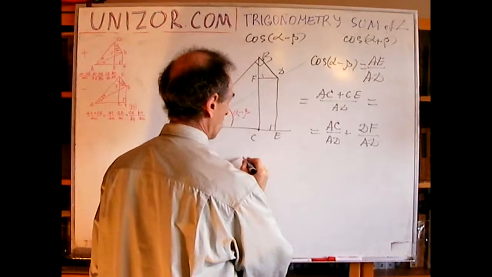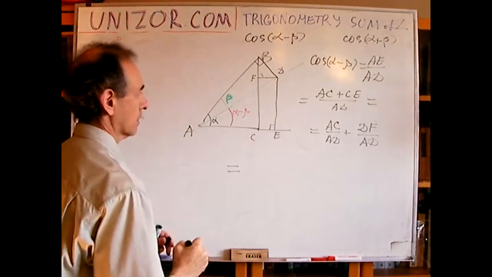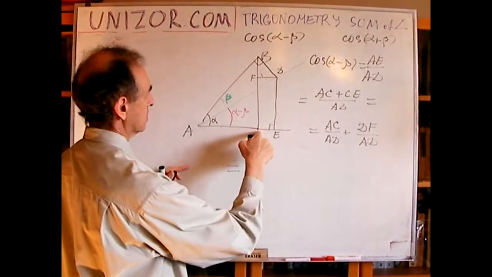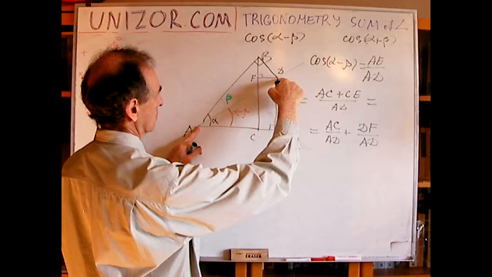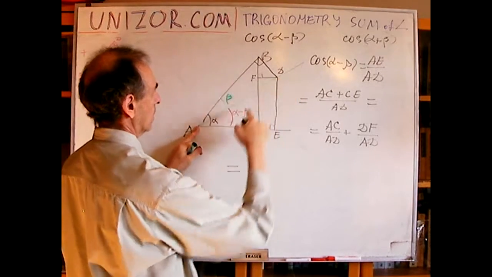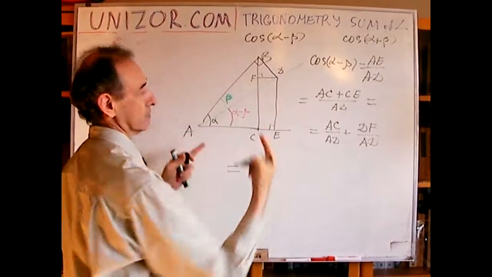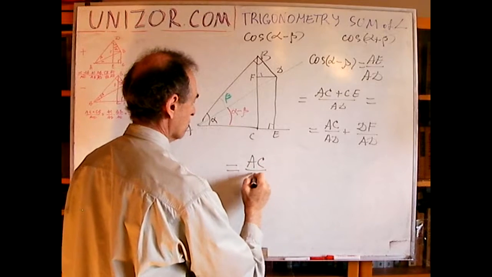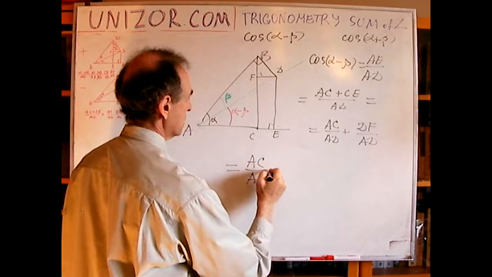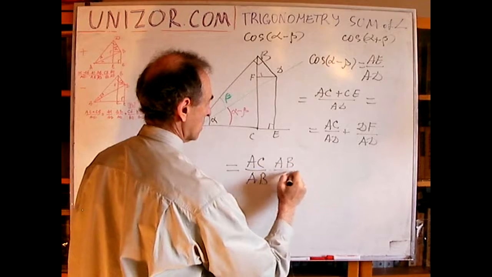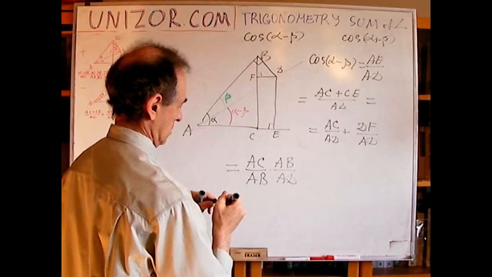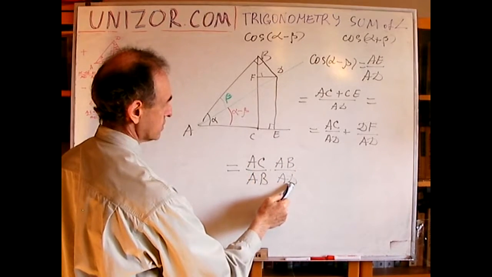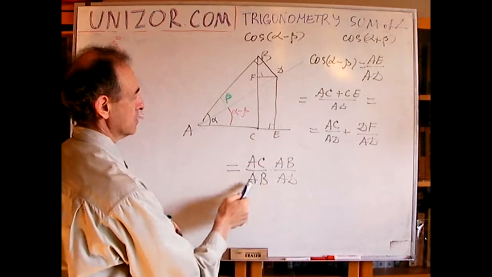Now, one more little thing. Now, AC over AD, AC, AD. Well, they are not related actually. So I will use something else which they are related to. I will divide by AB and multiply by AB. So instead of AC over AD, I divide it and multiply by AB.